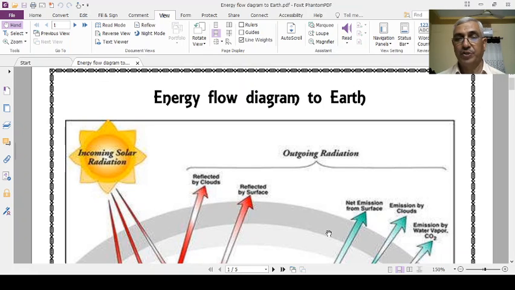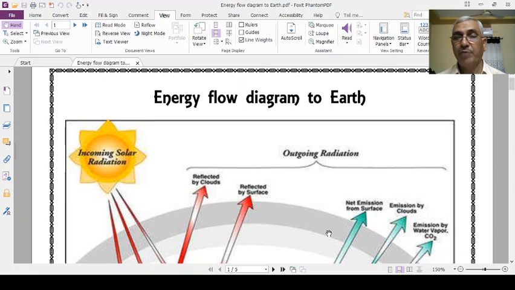Well balanced means the incoming energy is equal to the outgoing energy. Then a balanced atmosphere, a balanced climate, and well balanced conditions are established on the surface of the earth as well as in the atmosphere of the earth. That's why this is the main aim of this topic.